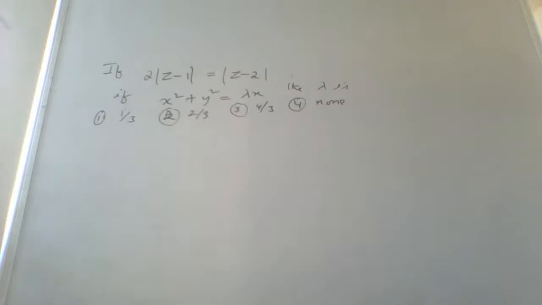Let us try to understand this problem. If 2 times mod of z minus 1 is equal to mod of z minus 2, and x square plus y square is equal to lambda x, then you have to find what lambda is here.